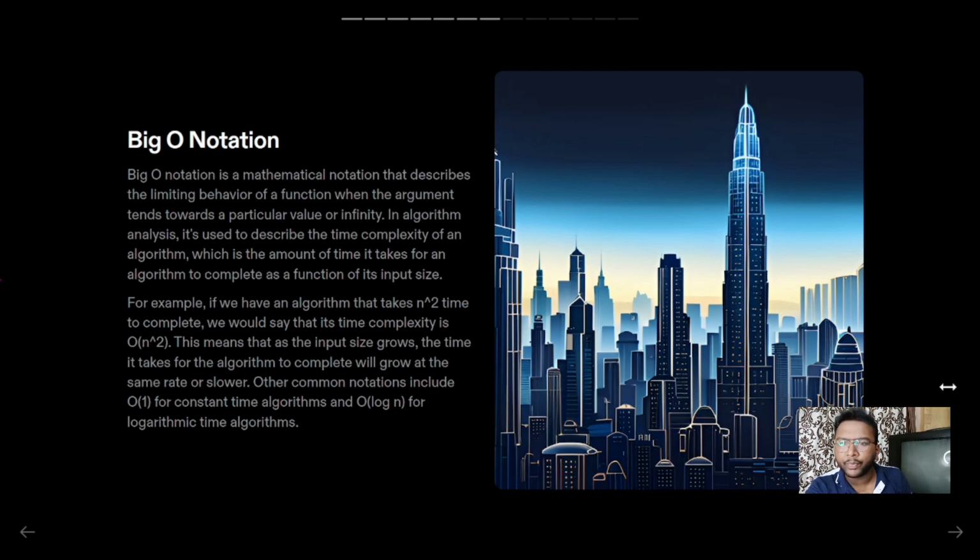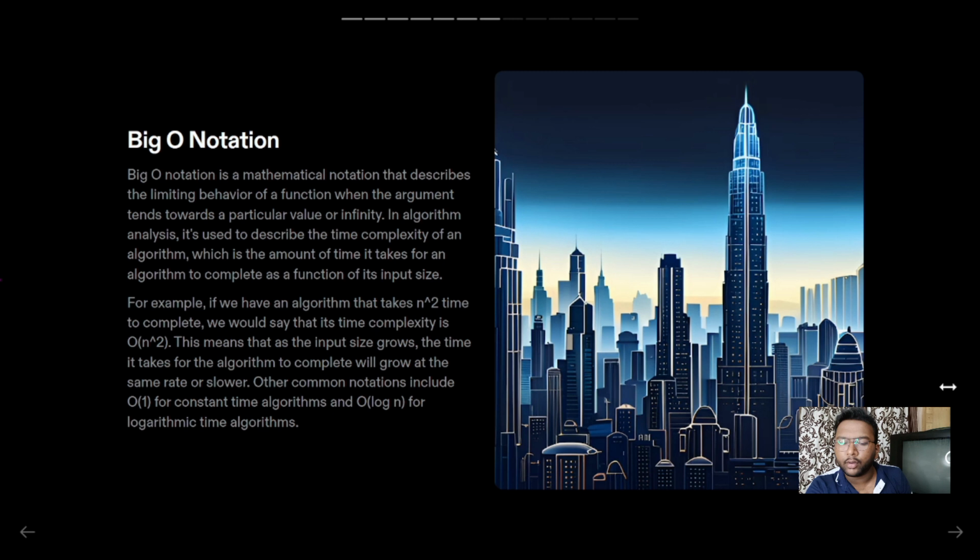For example, if we have an algorithm that takes n to the power 2 time to complete, we could say that the time complexity is O(n^2). This means that as the size of the input grows, the time it takes for the algorithm to complete will also grow at the same rate.